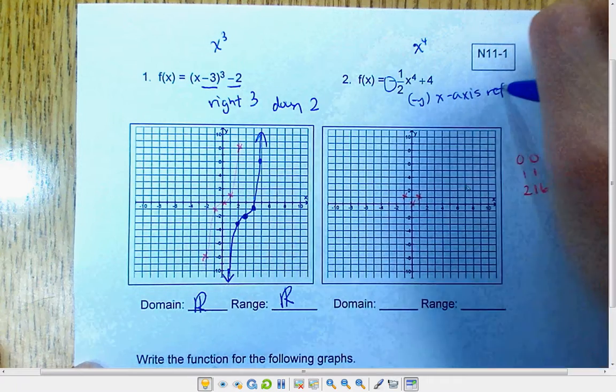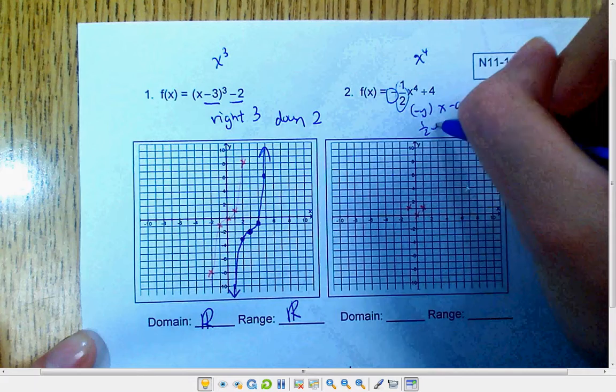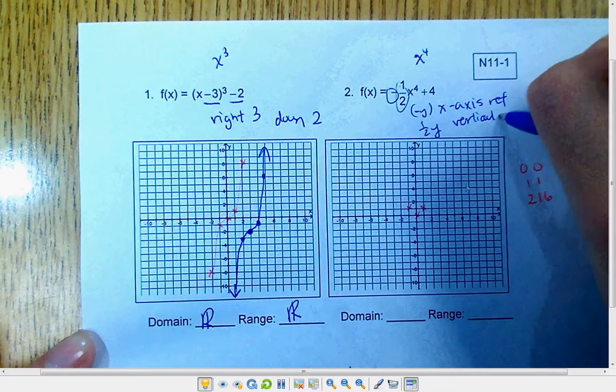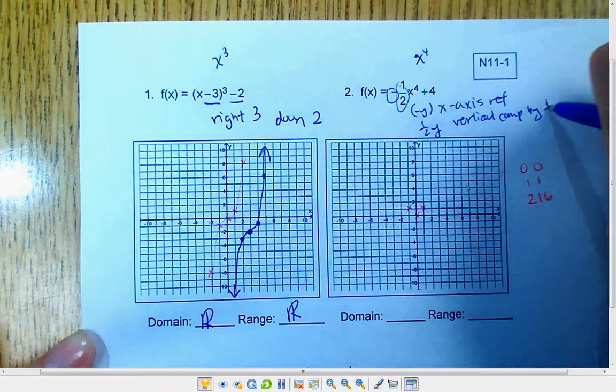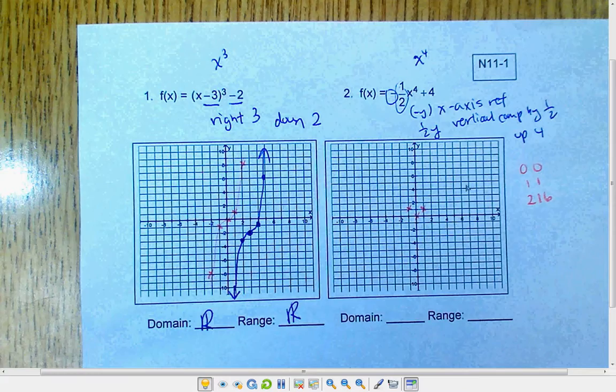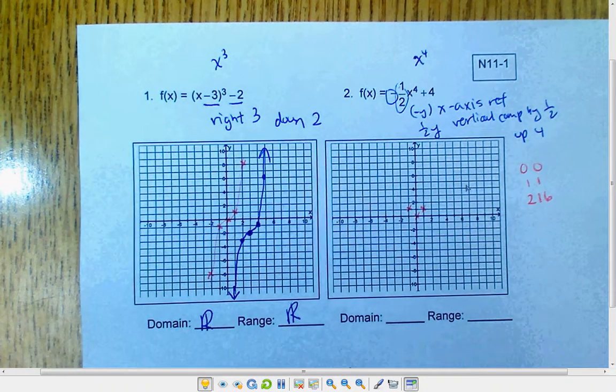So x-axis reflection. The 1/2 is being multiplied by y, so it's a vertical compression by 1/2. And then I also have this +4, which is just up 4, because they're all outside of my parentheses. There's nothing inside parentheses here, because there are no parentheses.